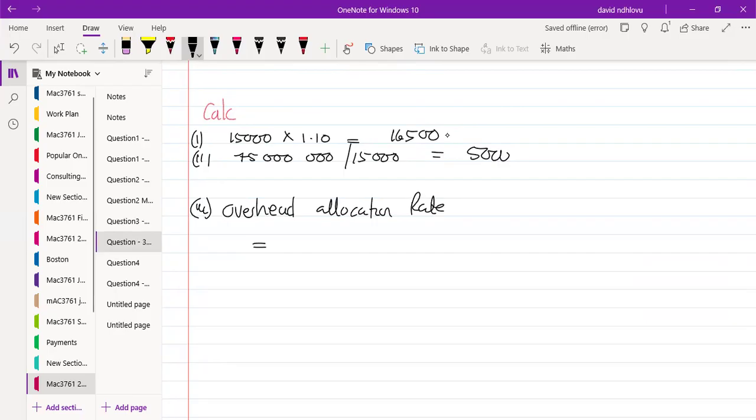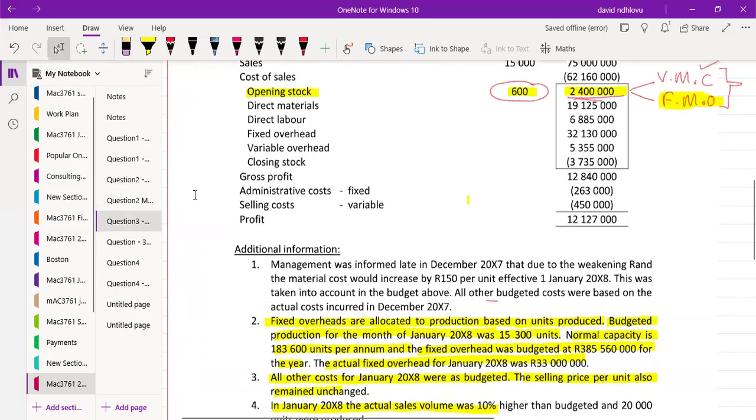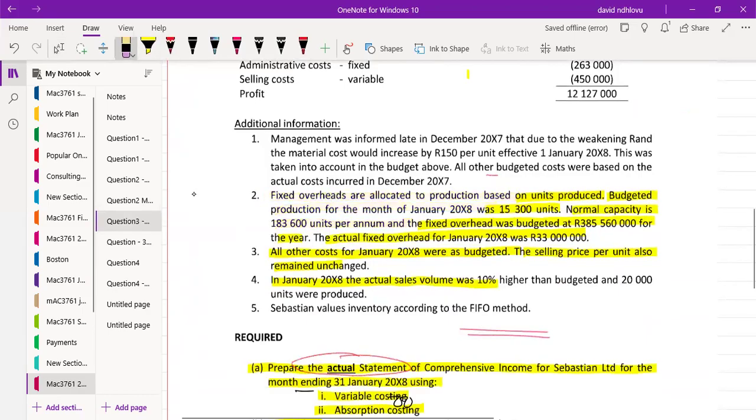So we need to then see what the question says concerning this. They were very clear on note number 2 here, where they say the fixed overheads are allocated to production based on units produced. So we are using output in this instance.